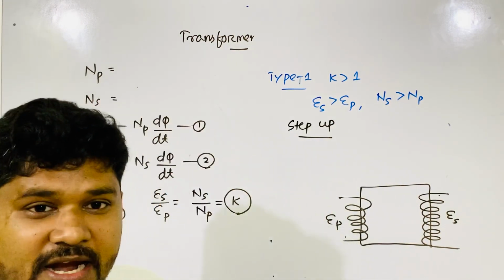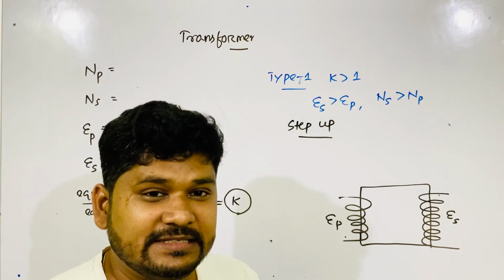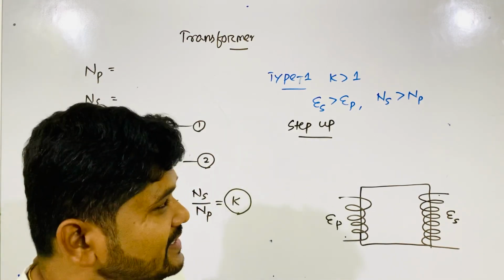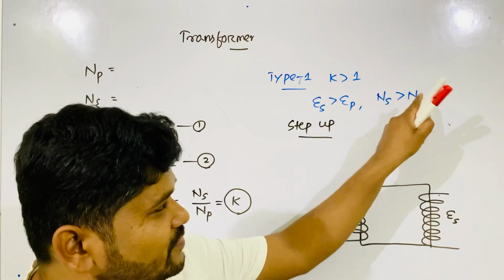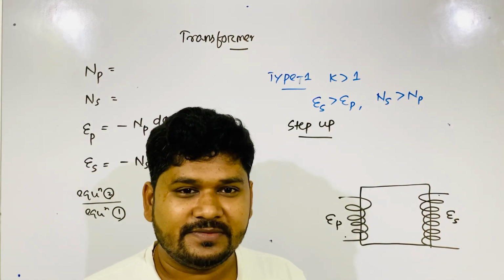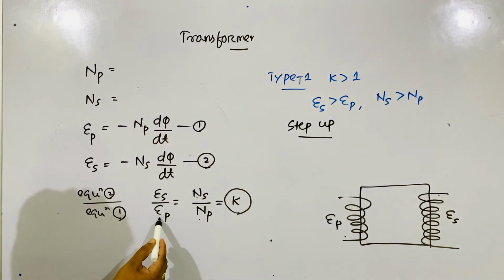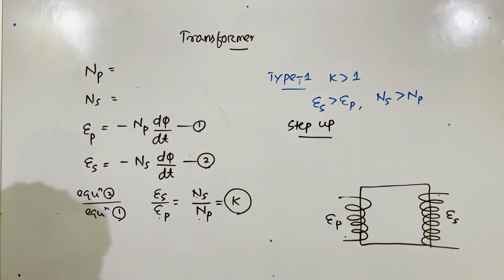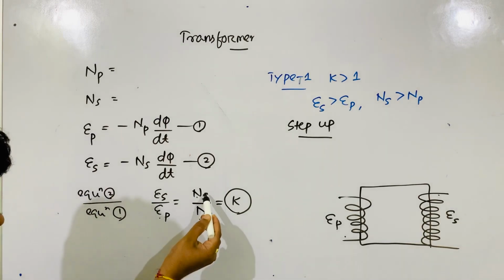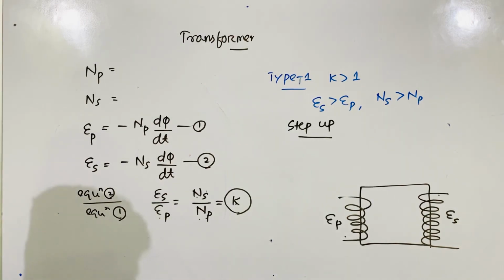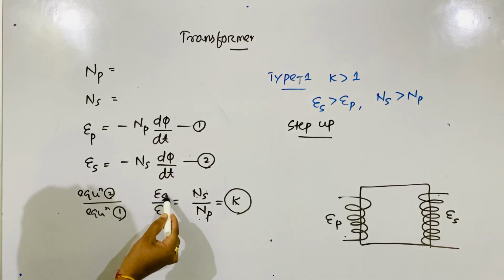Step-up transformer, and its construction is very easy. Secondary number of turns is more than primary number of turns. And however many times the number of turns is more, that many times the voltage increases. If this is 100 and this is 200, the ratio is 2. So if this is 2 volt, this will be 4 volt.